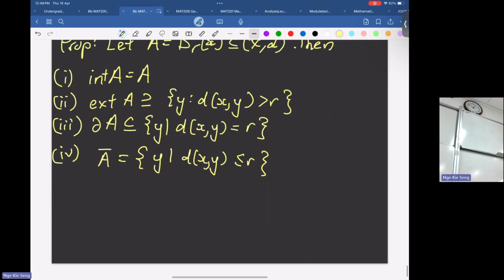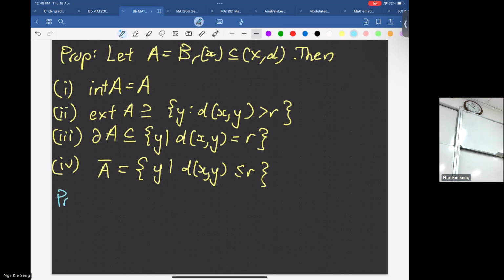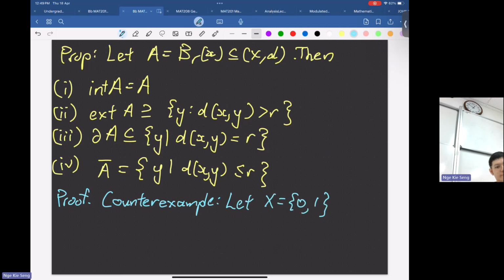I think Soning's counterexample just now is a bit related to this, right? So let's look at one counterexample. Take a set of two points, and I set my distance to be, say, d(0,1) is 1.